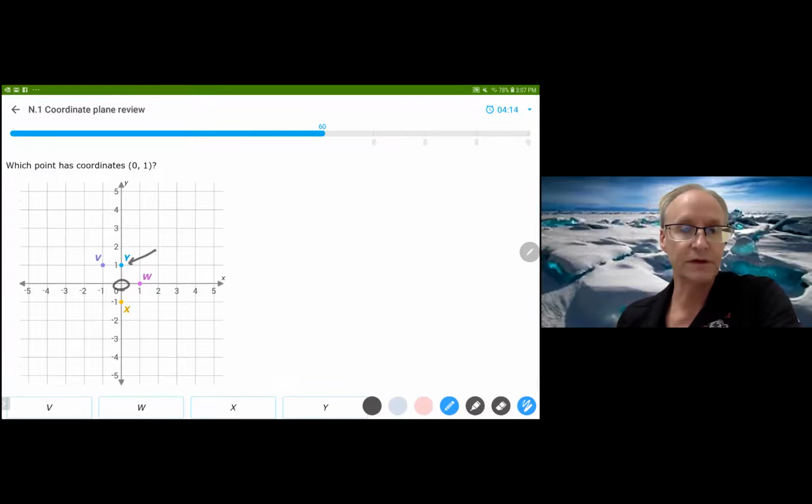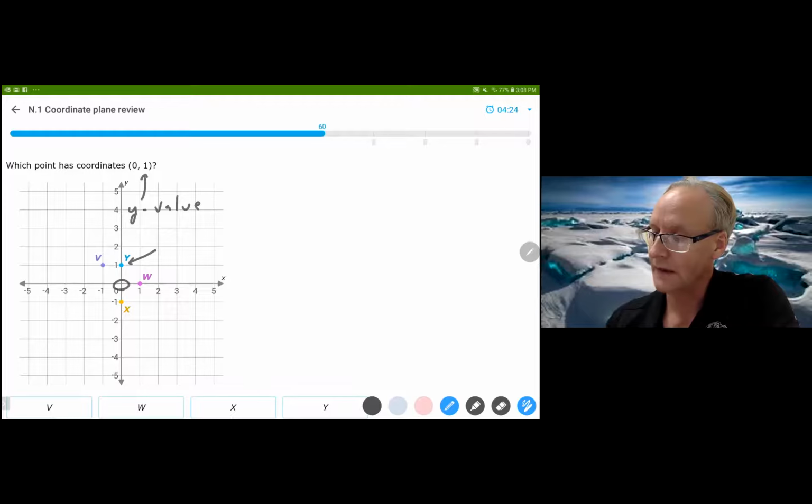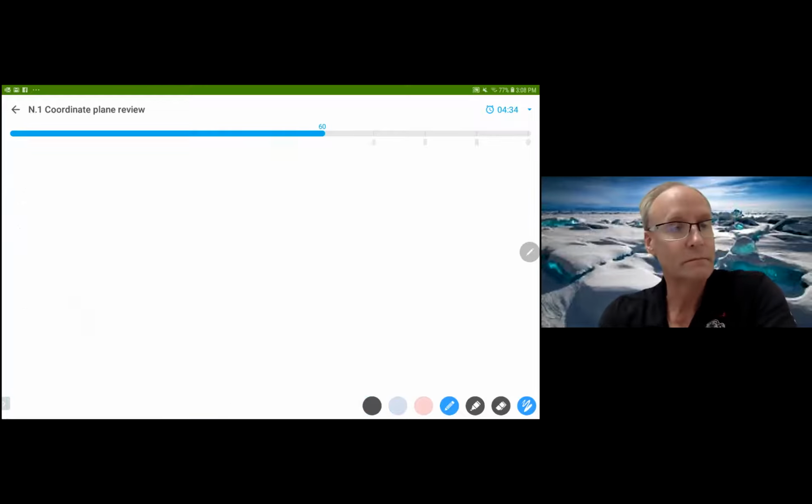Be careful, this is called a y-intercept because it's on the y-axis. And notice that that is a y value. And it just happens to be located on the y-axis. And it also happens to be called a y-intercept.